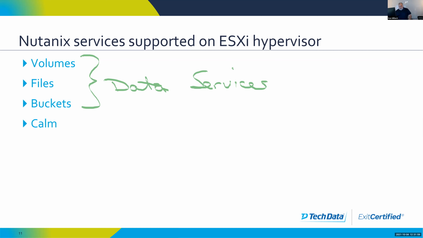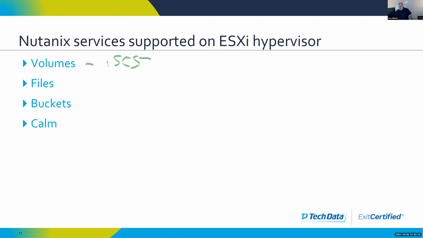If you're not familiar with these, Nutanix Volumes are iSCSI targets. Nutanix Files is just exactly what you would think. Let me try this differently, give myself a little more room to work with here. iSCSI targets, files, NFS and SMB shares, it's faster to write.